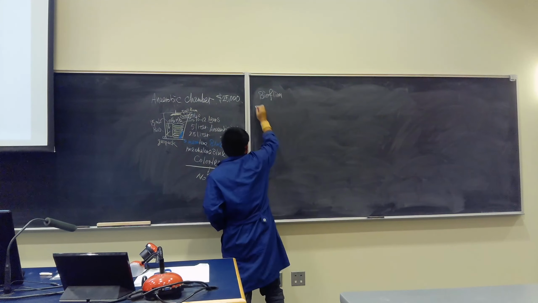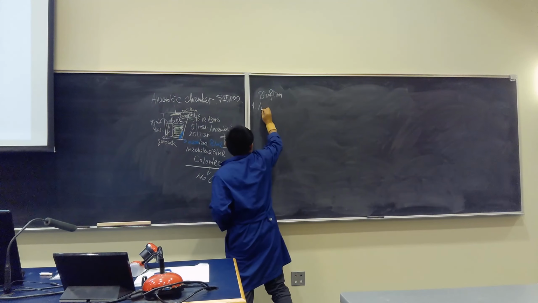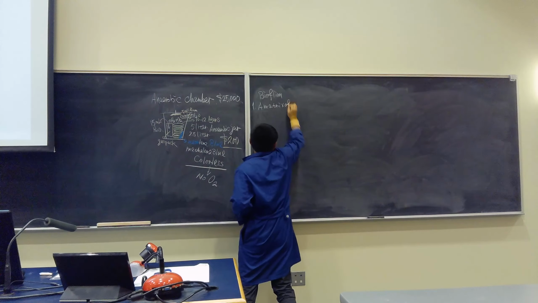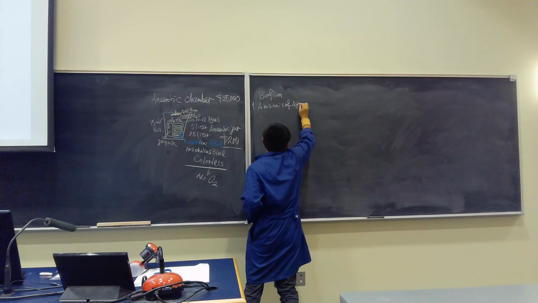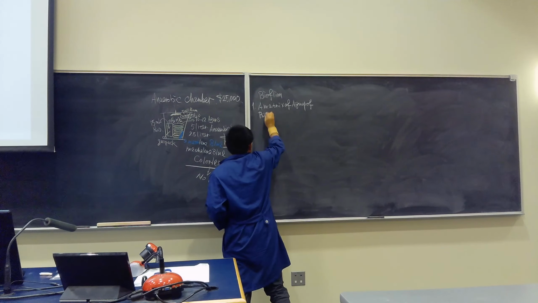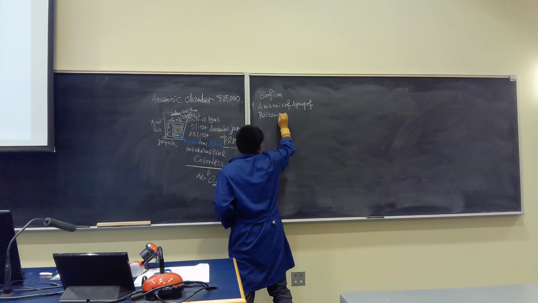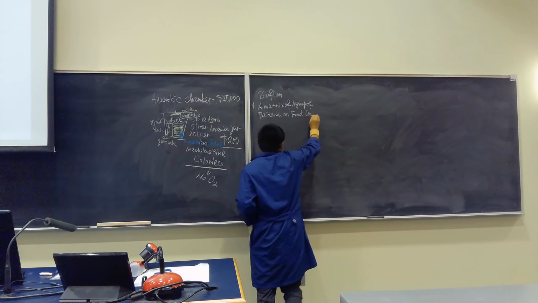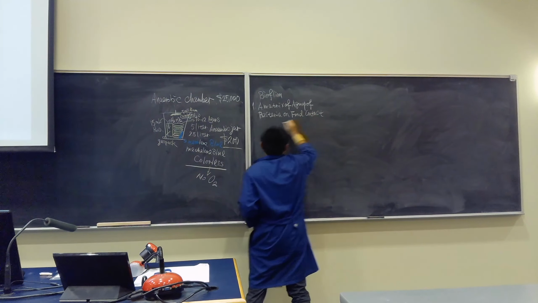Biofilm, said very simply, I would say this is a matrix of a group of bacteria on, I would say, food contact surfaces.